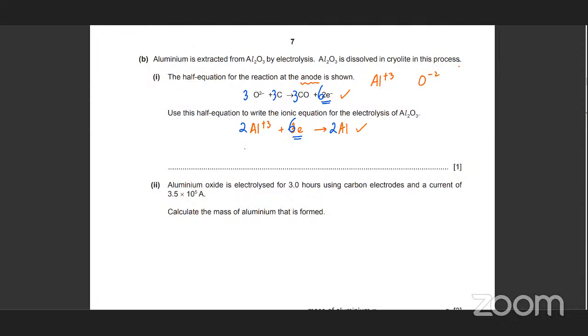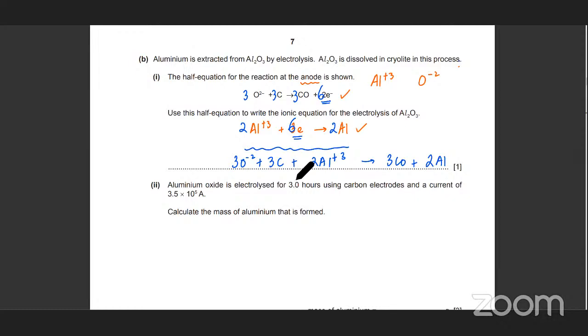And I'm going to add up the reactants and the products. So it's going to be 3O2- plus 3C plus 2Al3+, and on the other side, you've got 3CO plus 2Al. So this is what's going on.